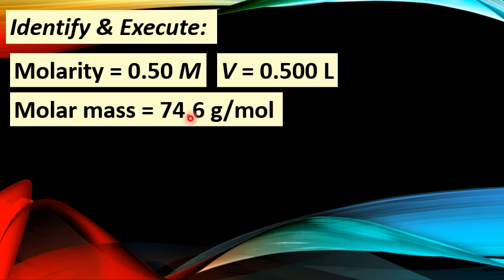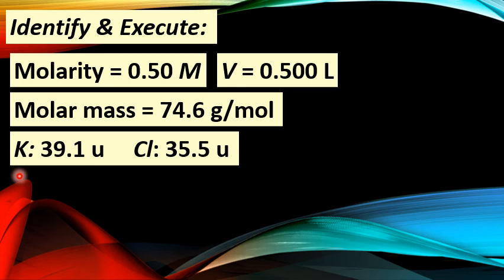And this molar mass is obtained by just adding the atomic masses of potassium, which is 39.1 atomic mass unit, and that of chlorine, which is 35.5 atomic mass unit. Right?